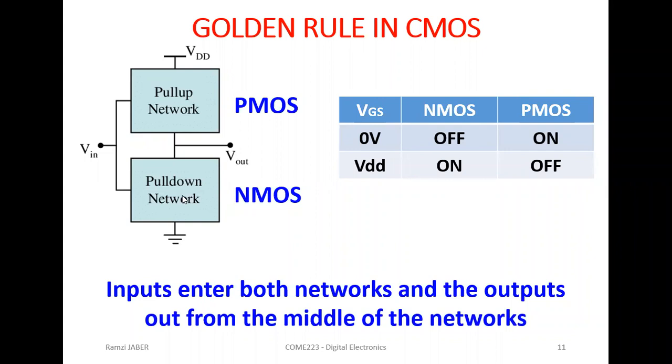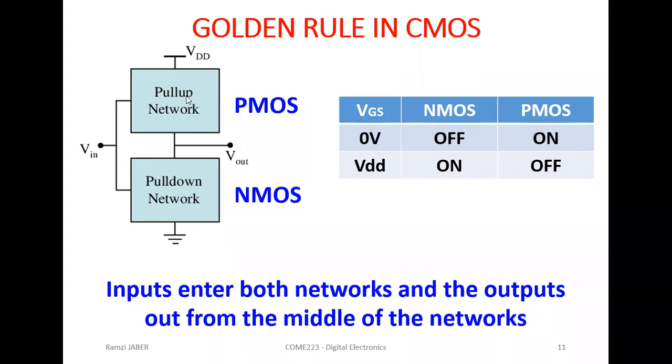Okay. Now for this truth table, for input 0 volt, low voltage input, the NMOSFET will be off and the PMOSFET will be on. For high voltage, when the input equals VDD, the NMOSFET will be on and the PMOSFET will be off.